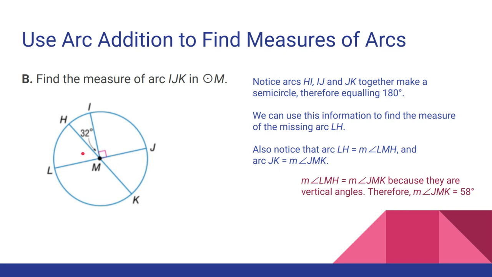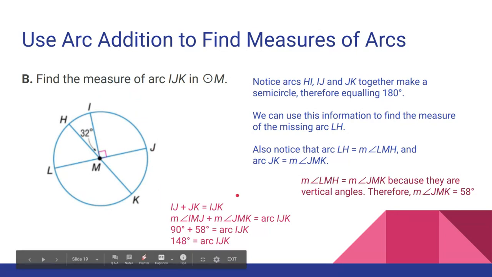So we just found in our previous example that LMH is 58 degrees. So that also means that angle JMK, this angle right here, is also going to be 58 degrees. We can use that information to find our entire arc. So we know that arc IJ plus arc JK is going to equal arc IJK.